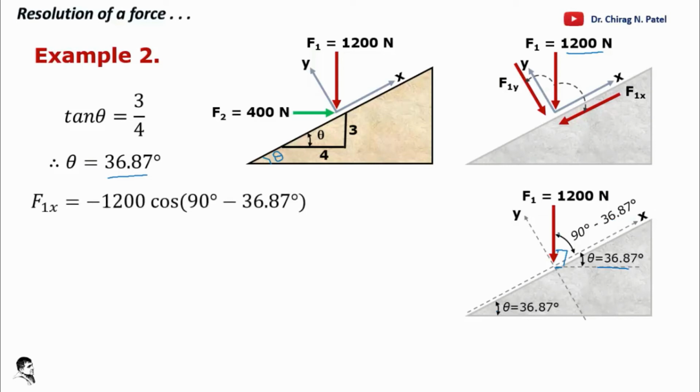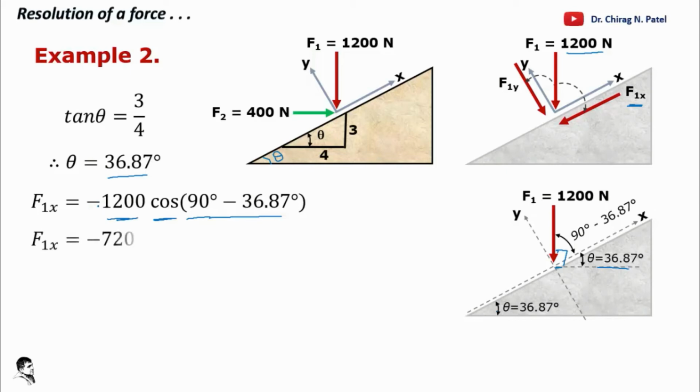So for this F1x force that we want to resolve, we know this angle now, that is 90 minus 36.87. With this, to 1200 you can directly apply cos, and the direction of that particular force is in minus x, so we apply a minus sign over here.